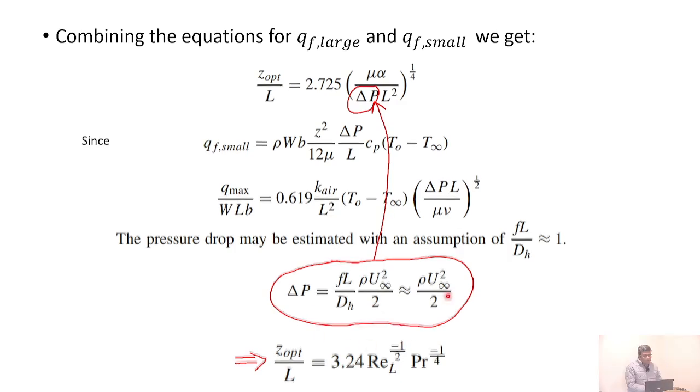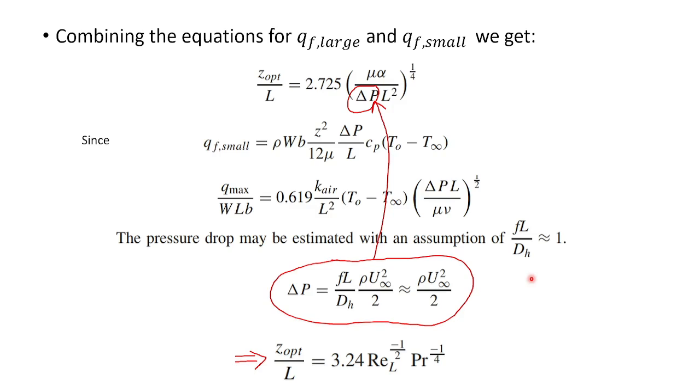Now, just again for simplification, see what is f? Small f? Friction factor, isn't it? So this friction factor, and then L is a length scale, then D_H is hydraulic diameter. So we don't know what these values are, but it's of the order of 1, we can say maybe.